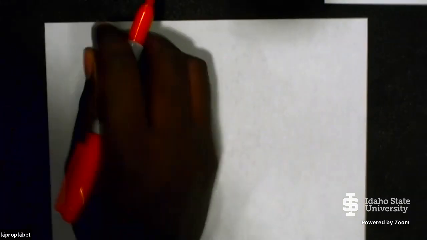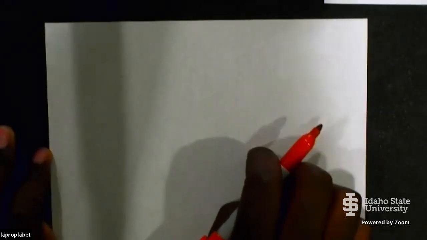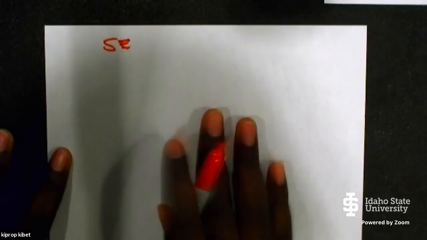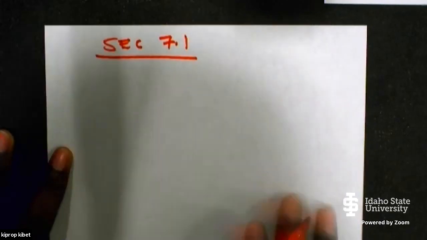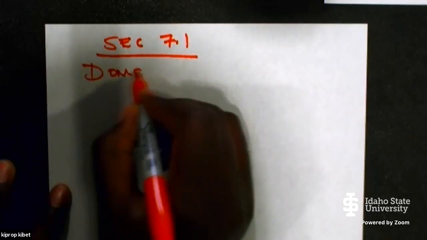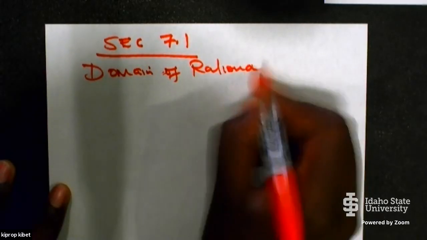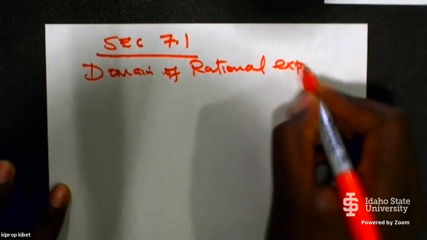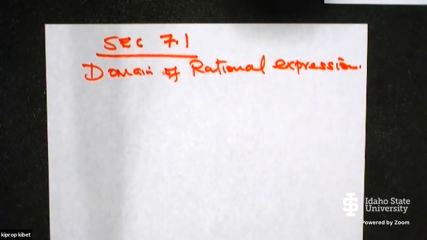Let's start from section 7.1. So this is the domain of rational expression. Domain of rational expression.